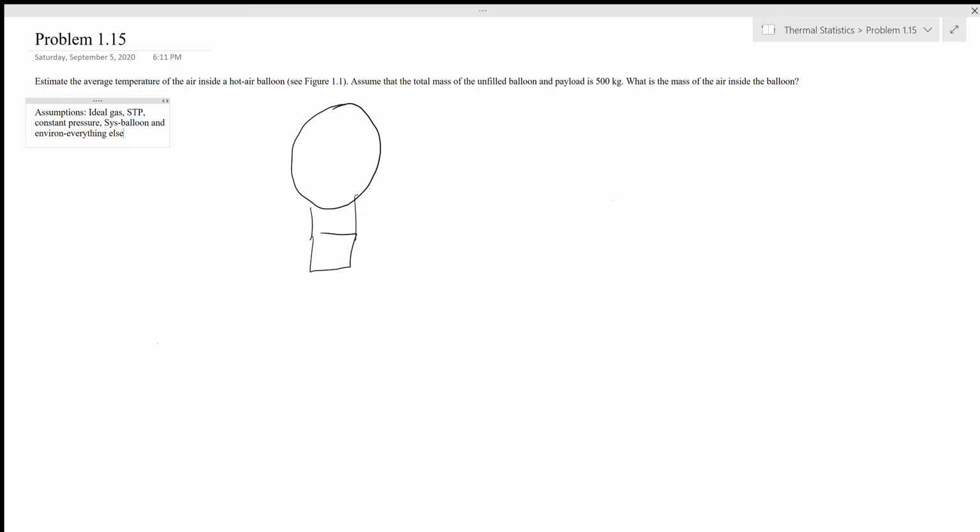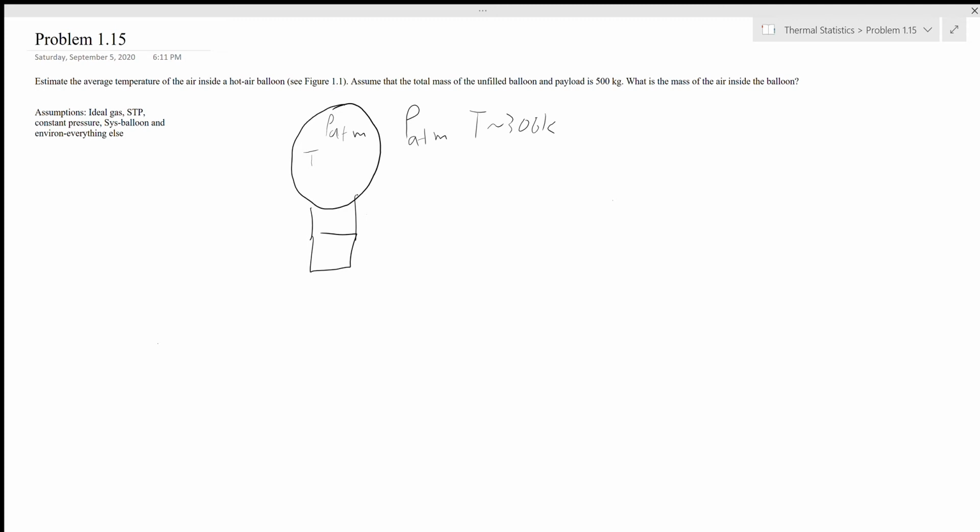So let's put in these assumptions. So that means the pressure here is 1 atmosphere. The pressure here is 1 atmosphere. The temperature outside is around 300 Kelvin. I don't know what the temperature is inside because the gas here, although the same, is at different densities.